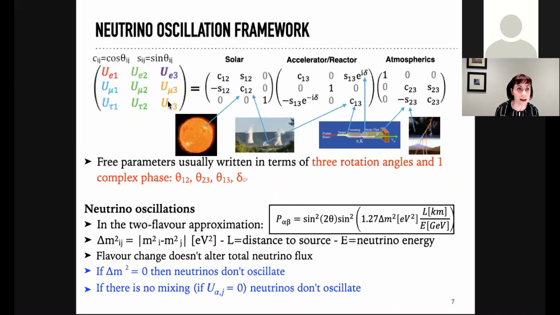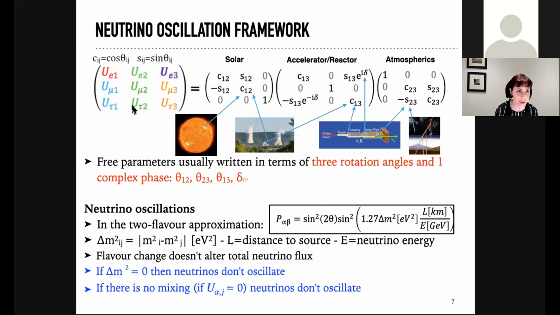This is a 3x3 matrix, and you can divide it into a product of three rotation matrices: matrix 1, matrix 2, matrix 3.